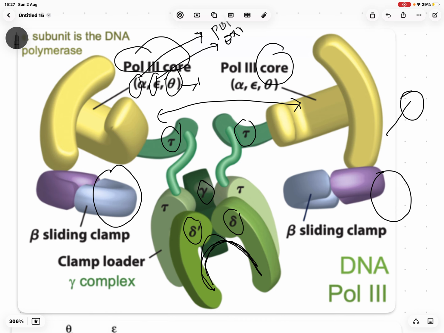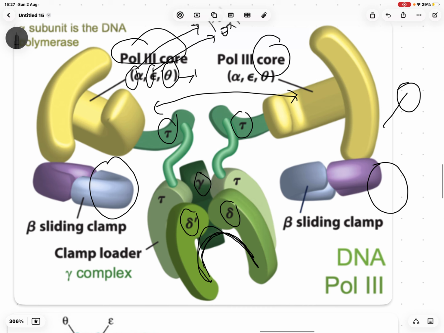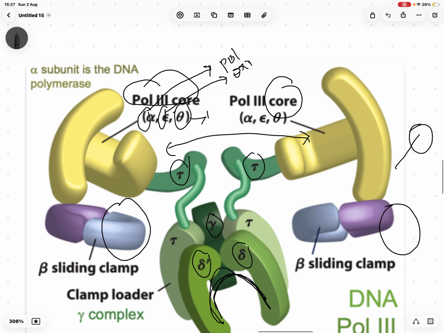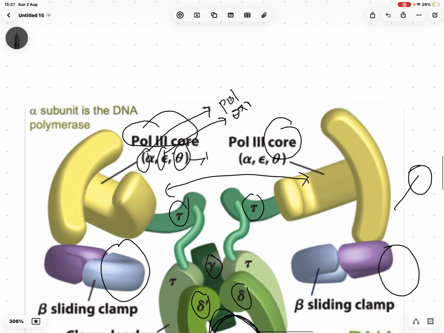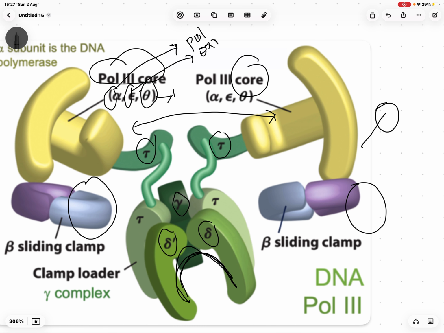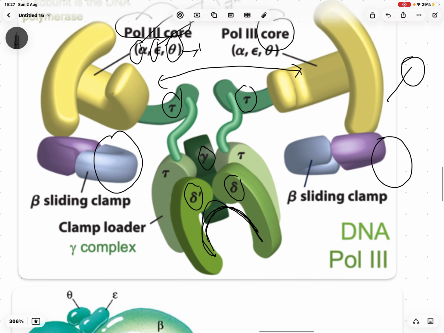Polymerase 3 especially has high processivity because of these sliding clamps only. The sliding clamps keep the polymerases on the DNA strands for a long time during replication. So these subunits are present in the polymerase 3 enzyme, and all these subunits with the core enzyme form the whole enzyme.